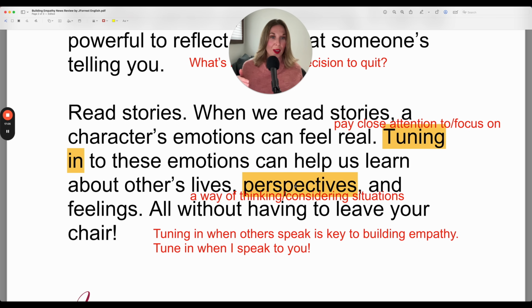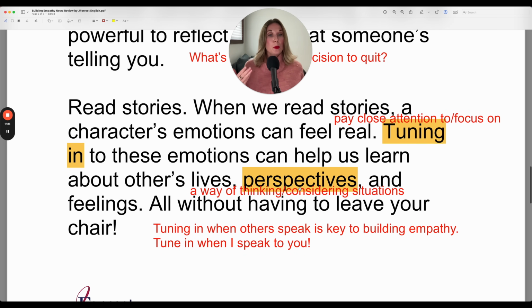And you already know what perspectives is. So it's great to have that repetition because then it gives you more opportunities to remember and practice this vocabulary. So perspectives, as we learned before, a way of thinking or considering situations. And it's in my opinion, but from my perspective. Did you remember that?